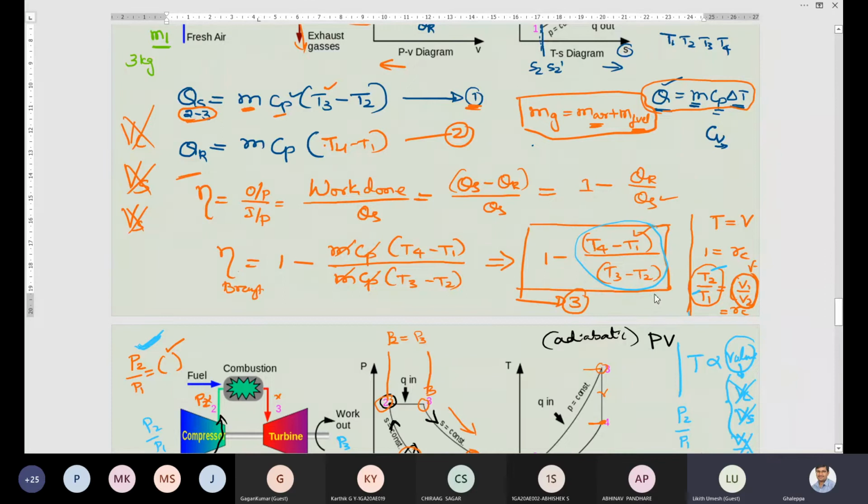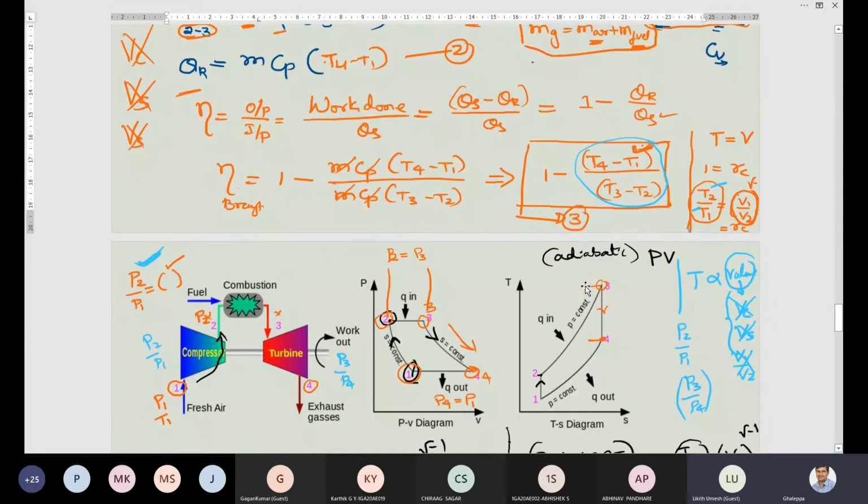Dear students, I know only the temperature T1 because T1 is the initial condition. T2, T3, T4 are not initial conditions. They are intermediate points, intermediate temperatures. We cannot put our hand or any measuring instruments to measure the temperature. So what we need to do is convert all temperatures into pressures. Okay, not volumes here. We cannot convert into volumes.